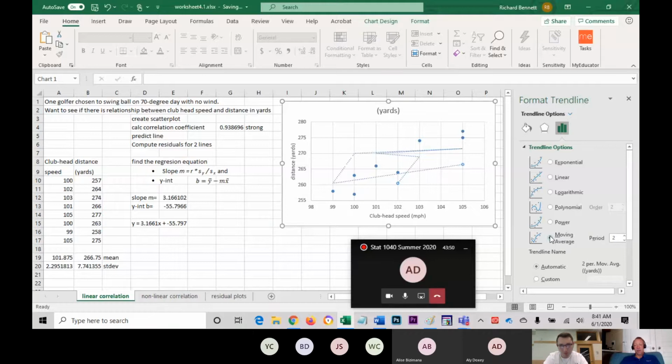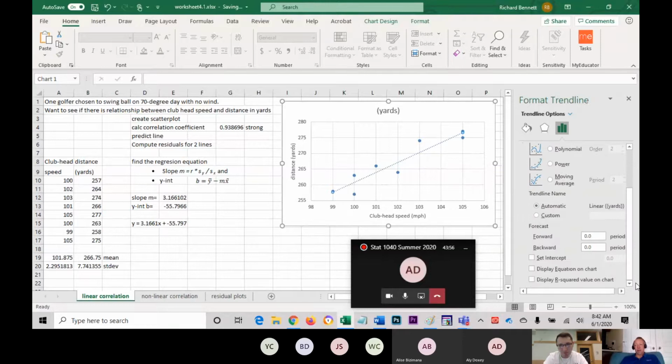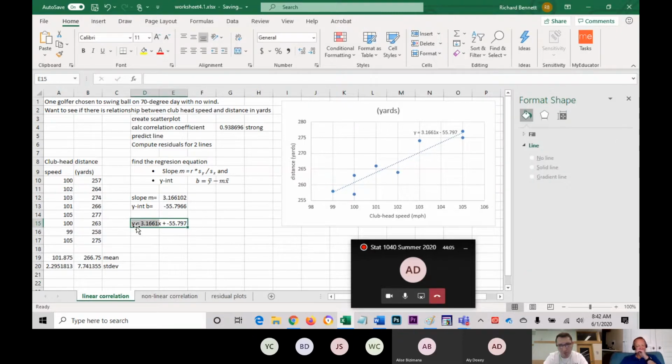Or moving average, then that looks kind of goofy. But at any rate, you can draw a straight line here, and also you can display the equation, which is right there. So that equation is the same equation we got here. Okay? So that's kind of cool.